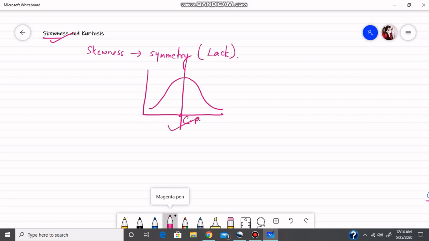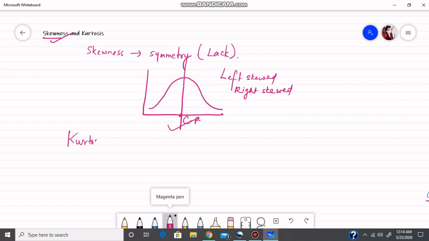However, we have two more variants to the skewness, that is the left skewed and the right skewed. Now the left skewed and the right skewed means if the data is more inclined towards the left or towards the right, we'll say that it is left or the right skewed respectively. Now talking about the next concept, that is kurtosis.